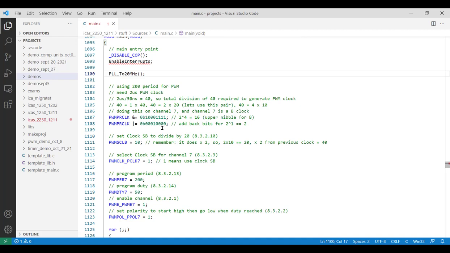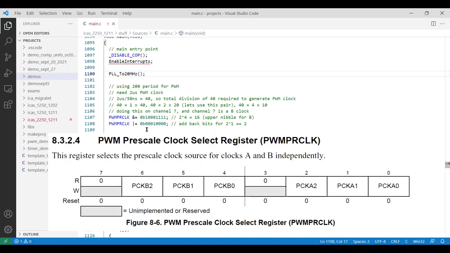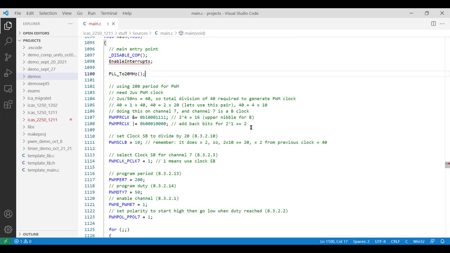So I would clear out the bits for that upper nibble of PWM PR clock, so the prescale clock. I want to punch out the bits and then put back 1, because 2 to the 1 would be divided by 2. So I've added 2 as my first division stage. Then when I get to configure clock SB, that would leave 20 left over.